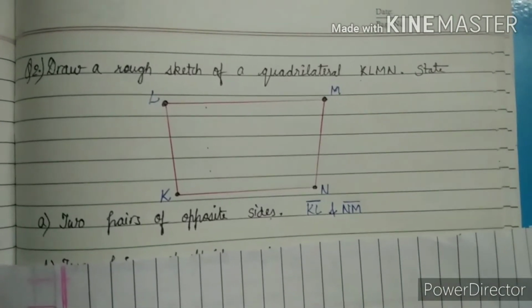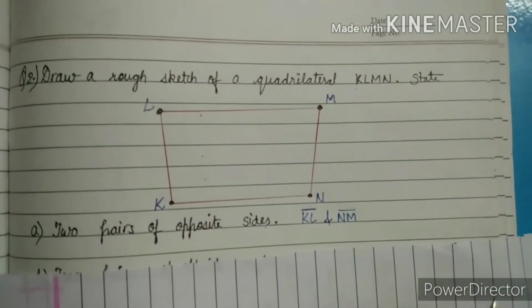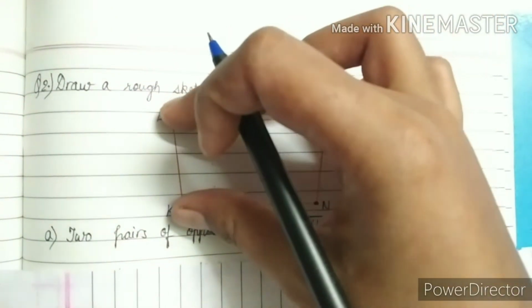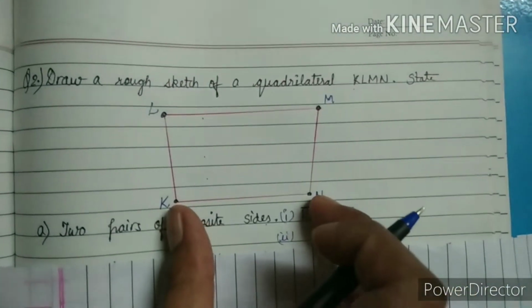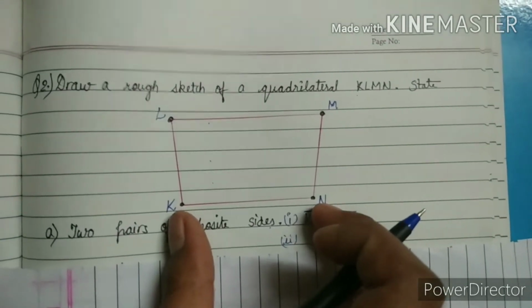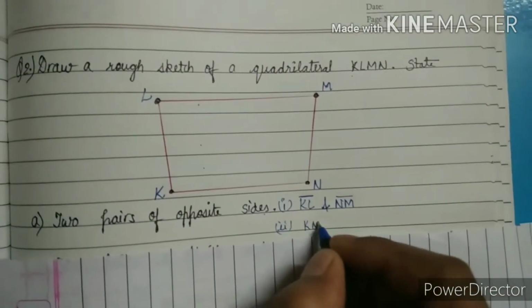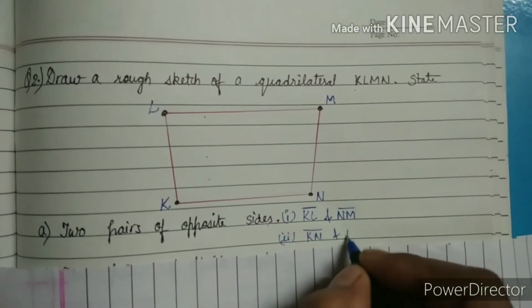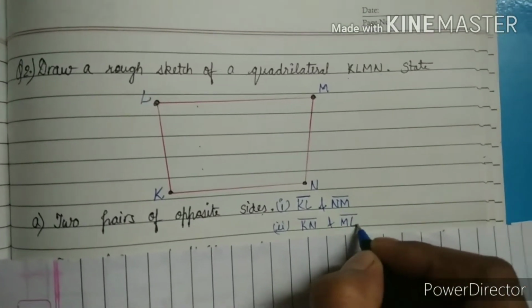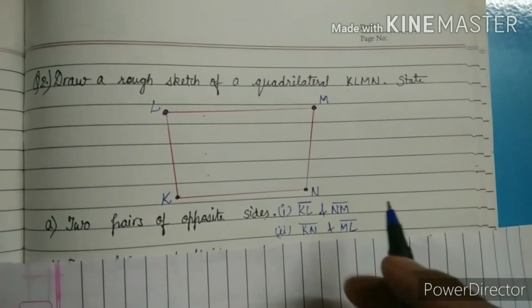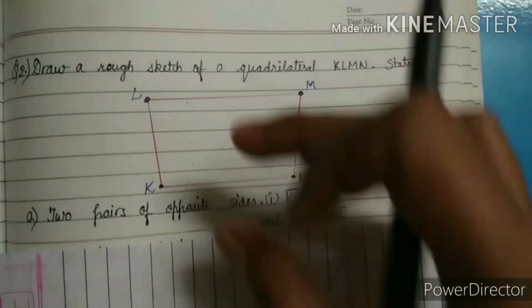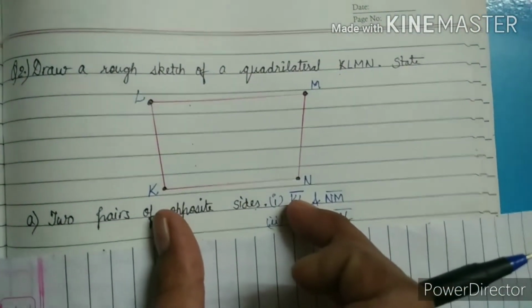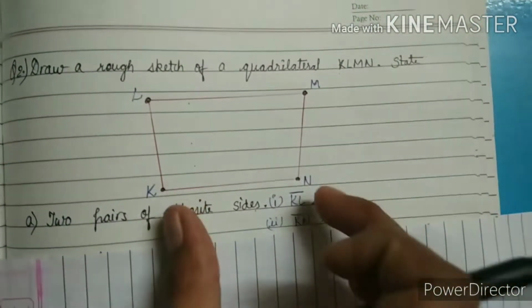And the next: one time we took this, so next time we will take this. So KN. KN opposite is who? KN opposite is ML. Okay, so this much we have to do. KL opposite is MN, MN opposite is KL, KN opposite is ML, ML opposite is KN.